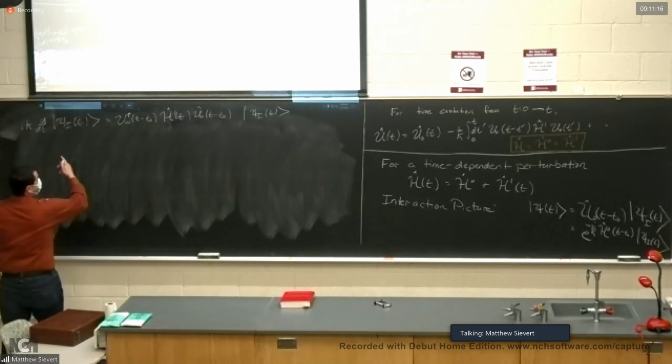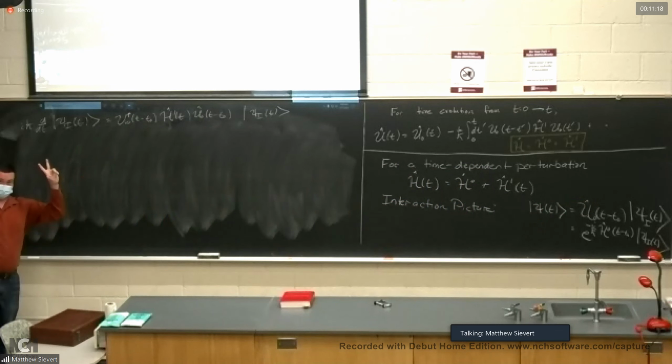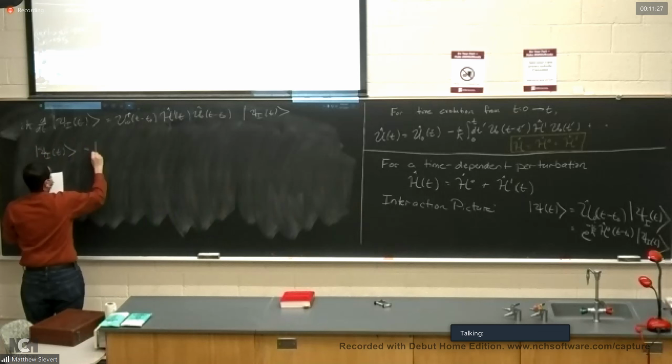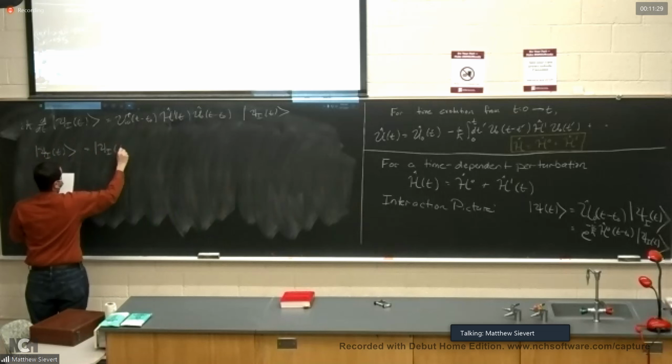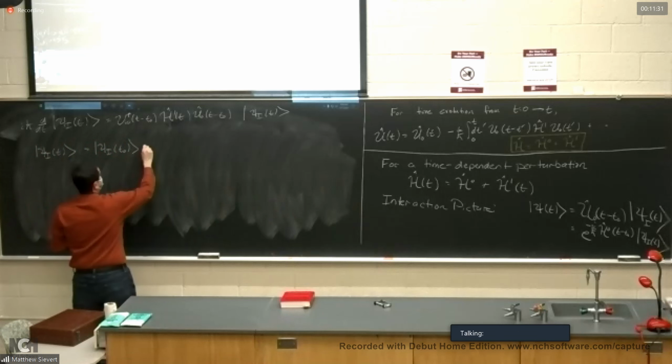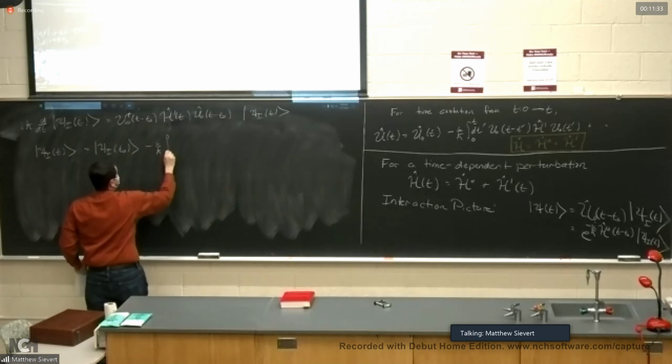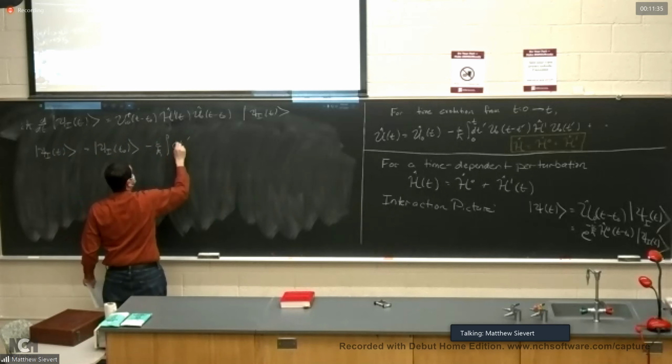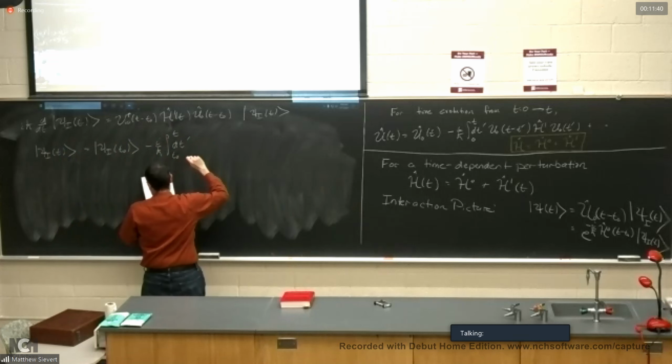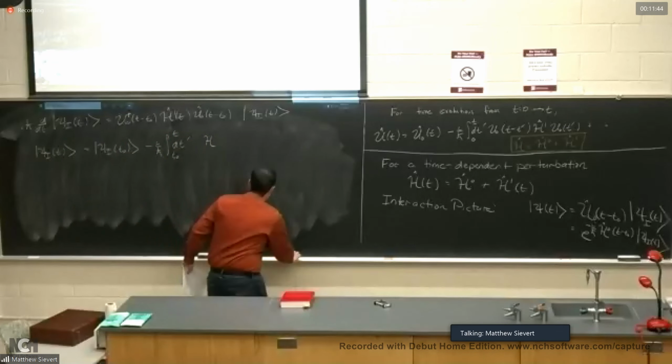Once we had this, we converted it to an integral equation as the solution, quote unquote. So in the moving frame, the solution was psi I of t is the initial condition psi I of t naught, minus i over h bar, integral dt prime from t naught to t. And then we had this interaction picture Hamiltonian.